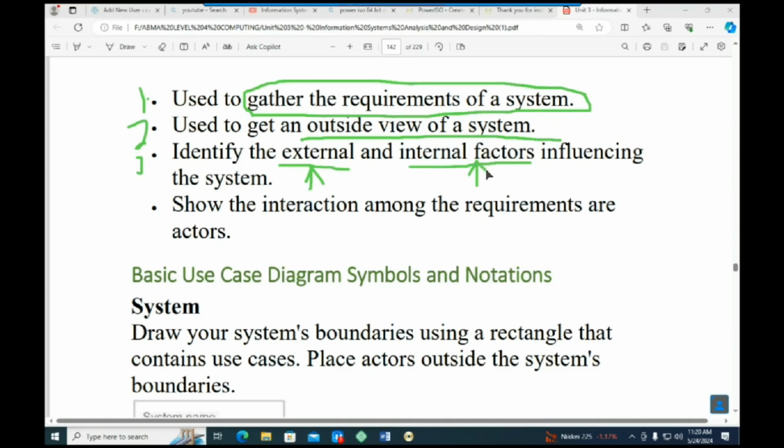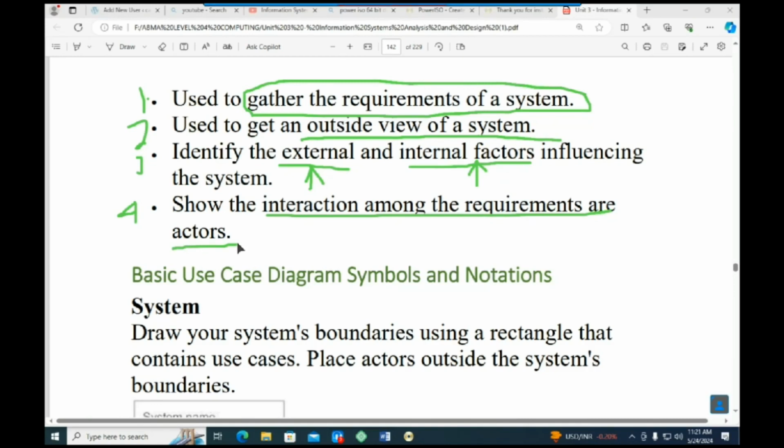For example, the rate of evaporation is affected by temperature. So we expect that when the temperatures are high, then we're going to have a higher rate of evaporation. So what are these factors that are really influencing the operation of that particular system? Now, the last thing is that use case diagrams are going to show us the interaction among the requirements of the actors.